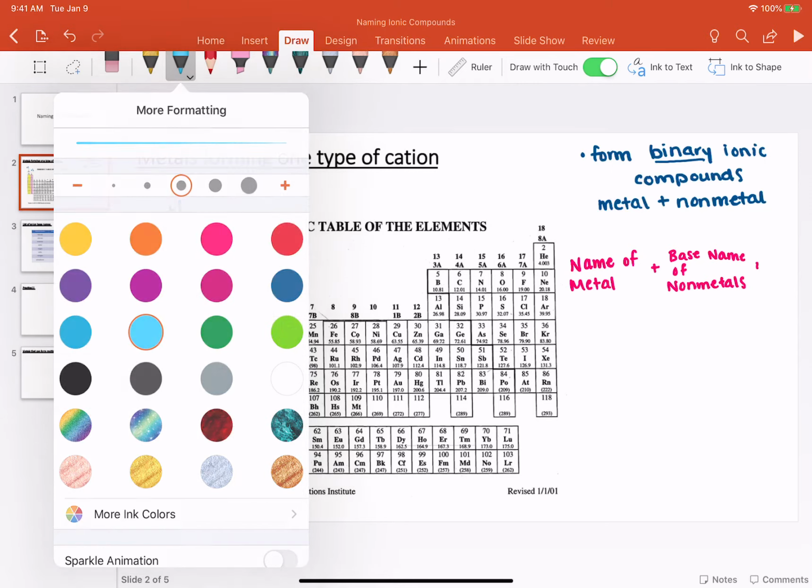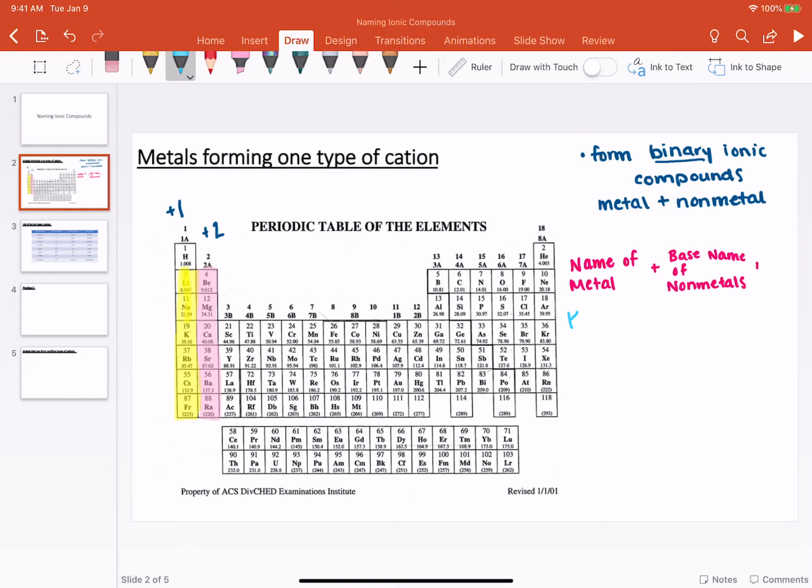Anyway, for example, if we have KCl and we want to write the name of this binary ionic compound, we're going to start with the name of the metal. Remember, the metal comes first. K is the chemical symbol for potassium. And then we use the base name of the nonmetal.